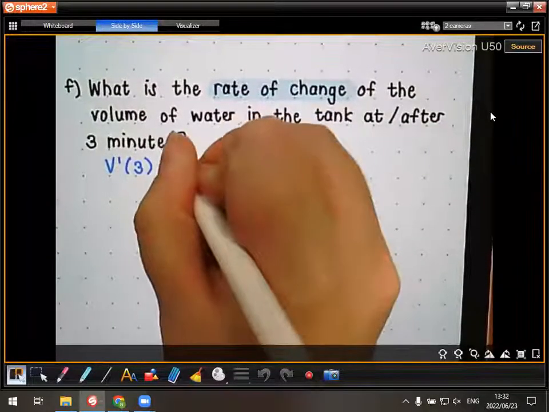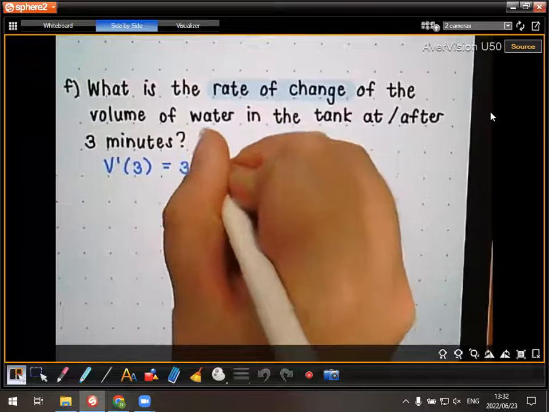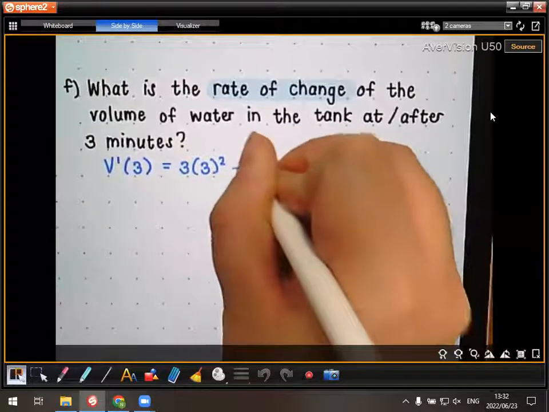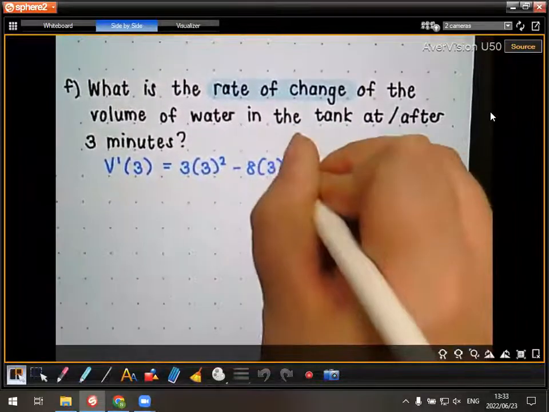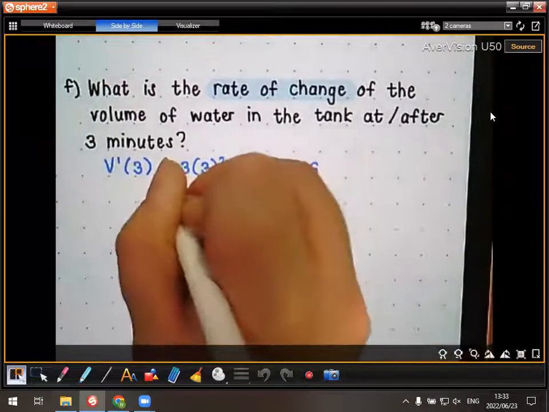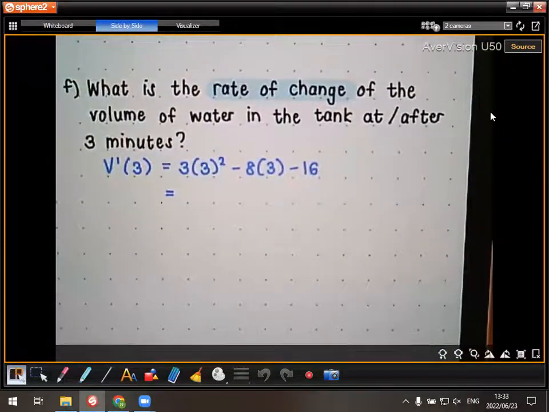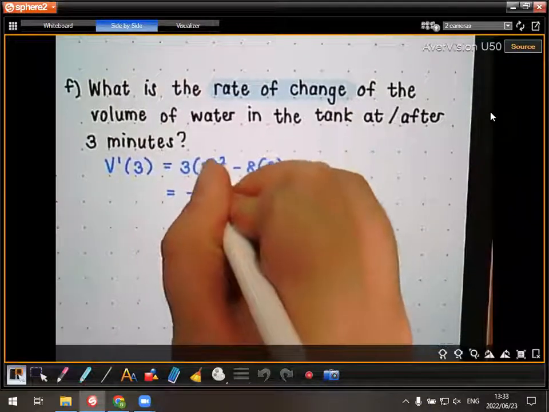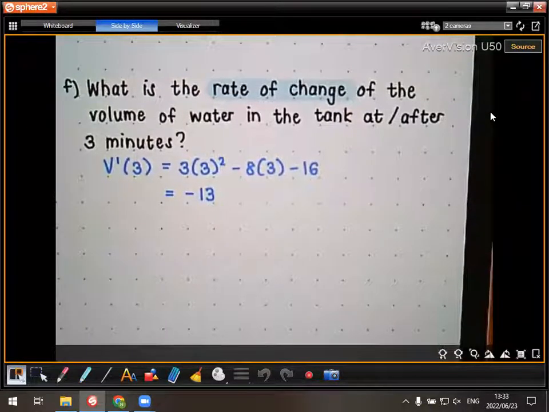So that will be 3 times 3 squared minus 8 times 3 minus 16. So we're getting negative 13, which we will solve now.